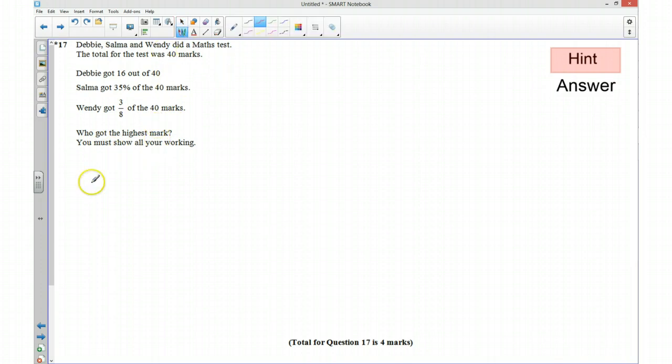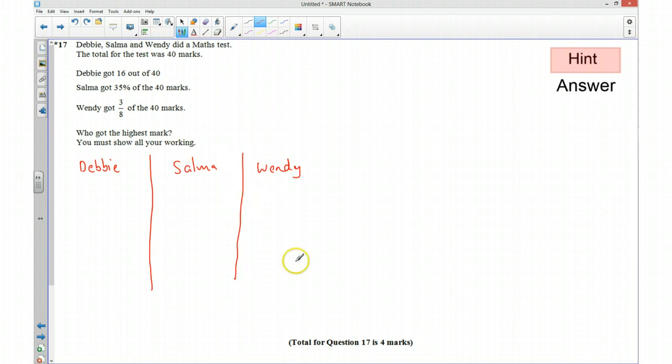Okay, so I'm going to start by putting Debbie, and then we'll have Selma over here, and then we'll have Wendy over here. We're just going to separate them out so that we don't get confused with the working out that we're doing.